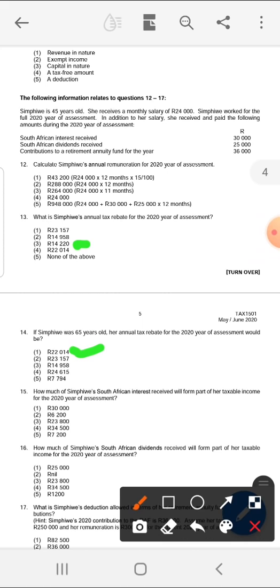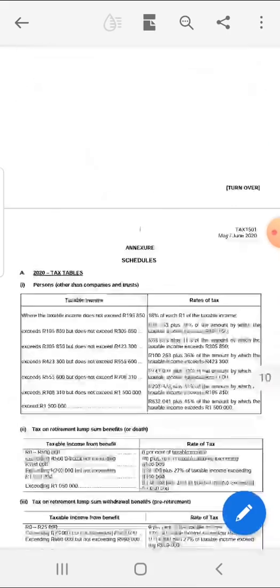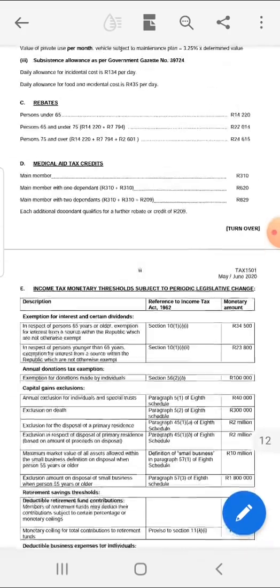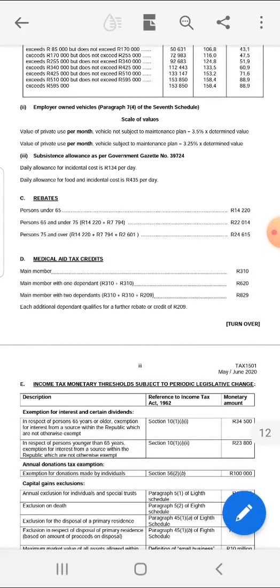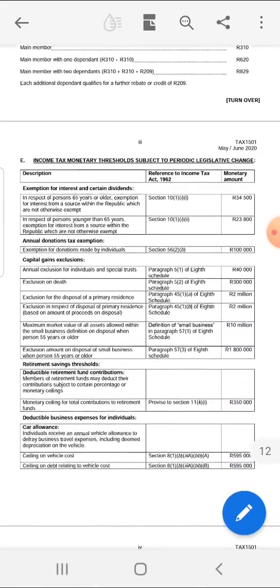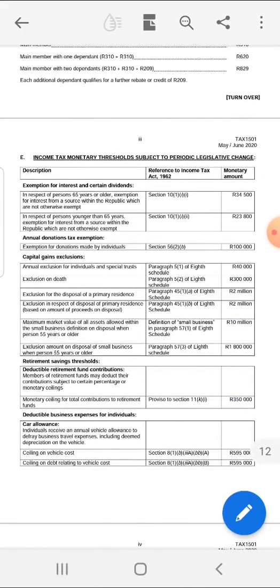Remember, all local dividends are fully exempt, and foreign dividends will be exempt if they meet some of the criteria requirements, and they will also be apportioned according to the requirements. So for South African interest, we are given certain exemptions here.